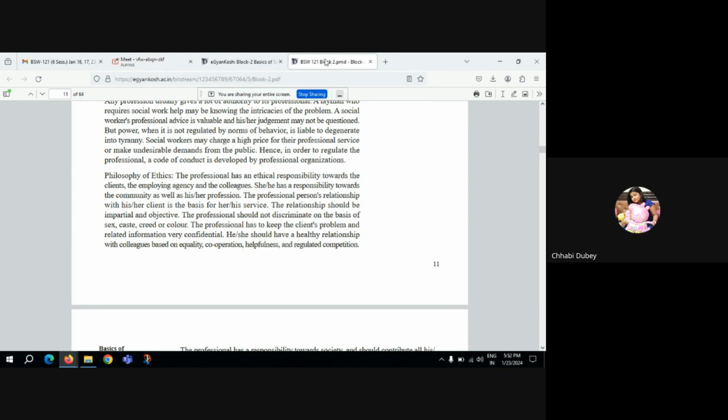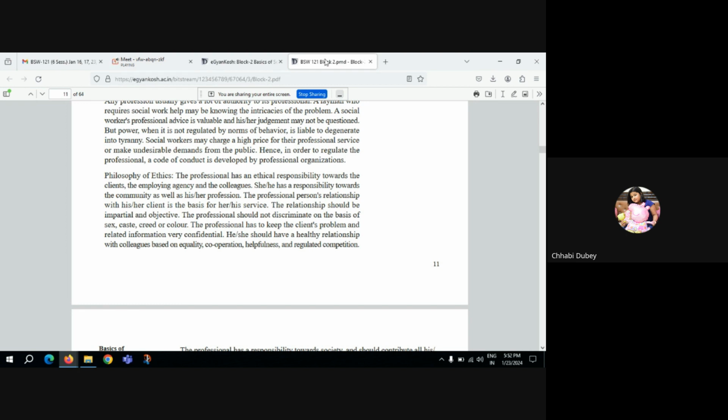For example, doctors have an ethical responsibility towards the patients. Similarly, other professionals, be it lawyers or any others, have their related ethical responsibility towards their clients, or towards the individuals that they serve. This relationship should be impartial and objective.